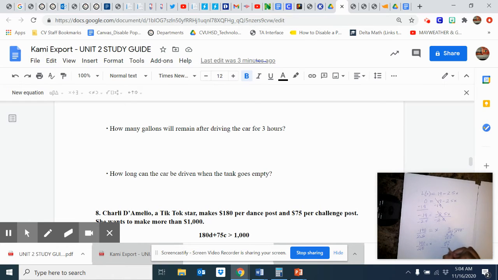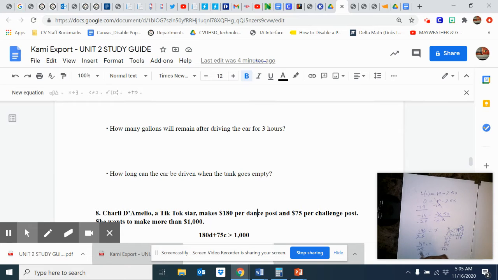Let's use 7. 7 times 25 is 175. And notice that if I do 8, I'm going to get to 200. That would be too big. So I'm going to go 7 and 175. Subtract, and I get 150. Because I have to put the decimal and bring down a 0. So 7.6. 7.6 hours for me to run out of gas.